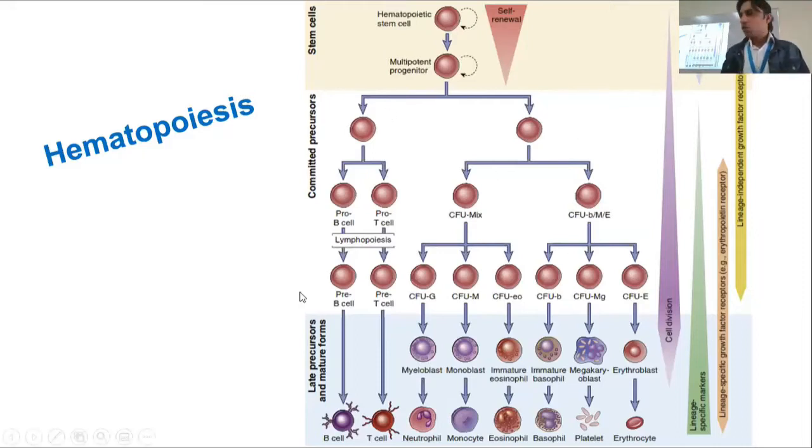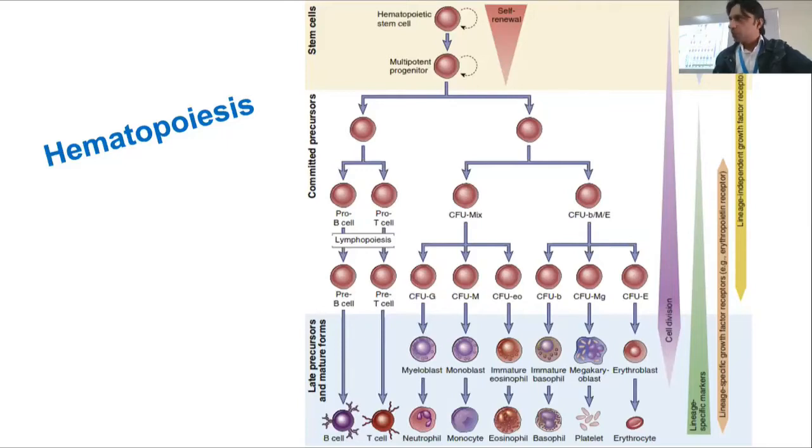What are those cells? Look at these. At the bottom: the B cells, the T cells, neutrophil, monocyte, eosinophils, basophil, platelet, erythrocytes. All these are the cells which constitute our immune system. They are fighting against the bad things one way or another.